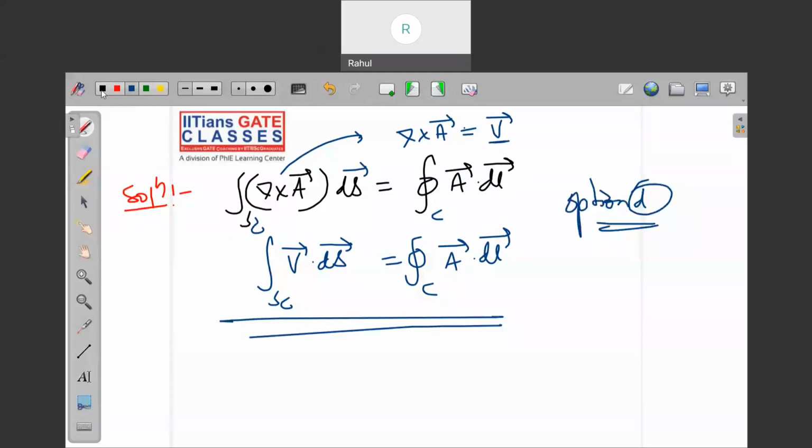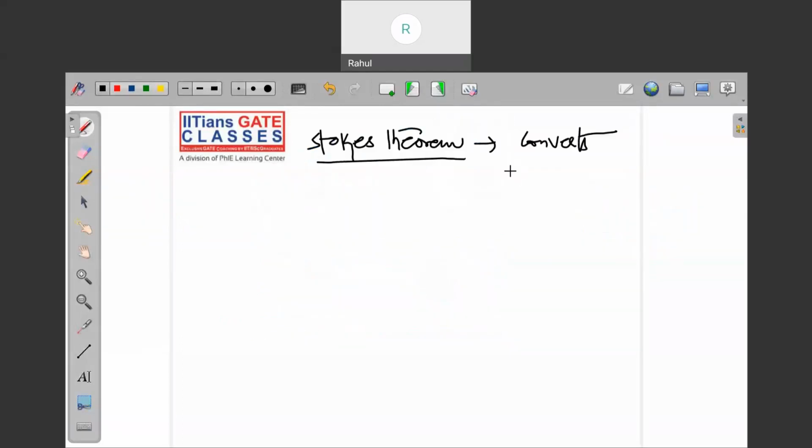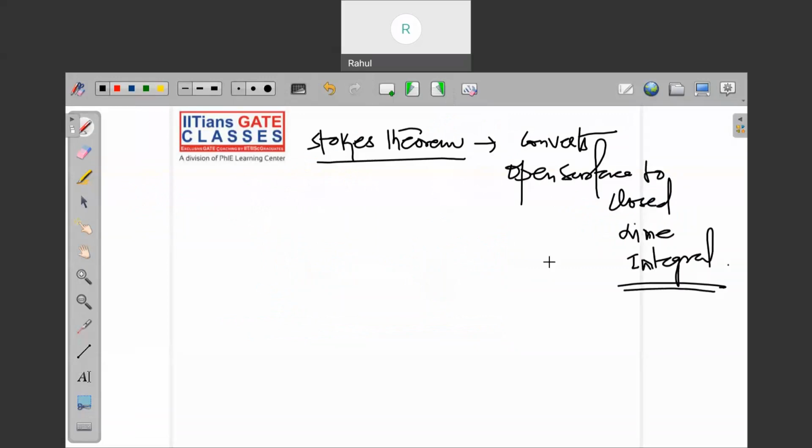These are the tricks. Stokes theorem converts what? The open surface to a closed line, so you can remember. And the divergence theorem is what?